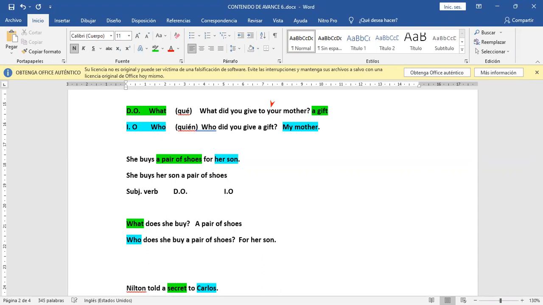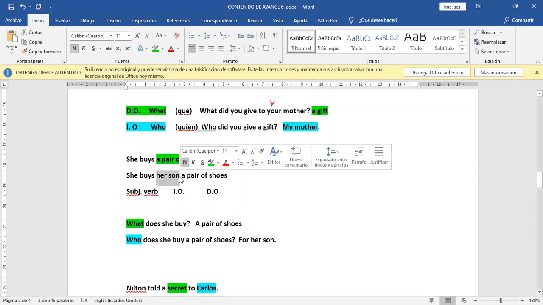This is the indirect object, and this is direct. Now, teacher, I don't want to say her son, I want to use its pronoun. She buys him.